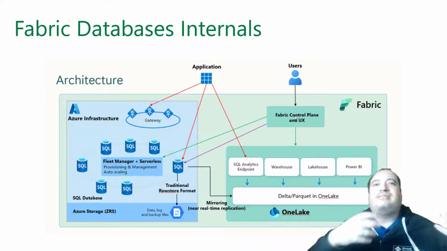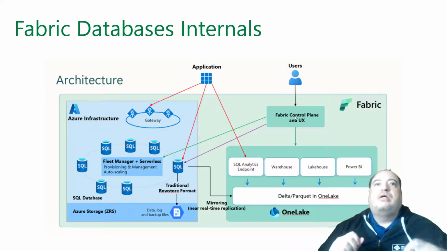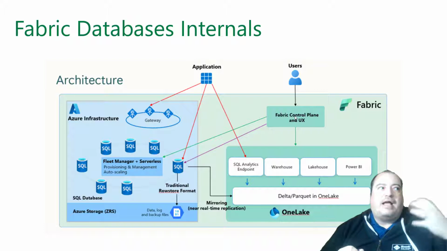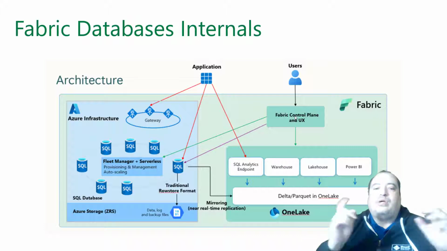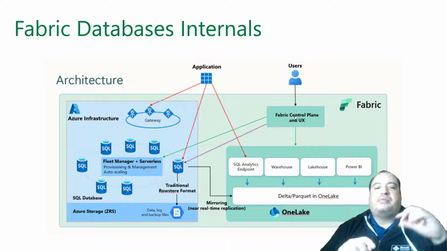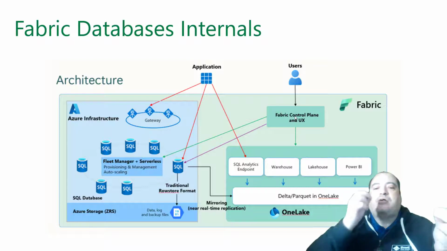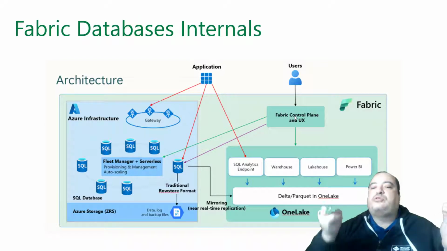But is the database in Azure or in Fabric? The database is in Azure. Fabric uses OneLake for storage, which stores Delta and Parquet files. What happens is that the database makes a close to real-time mirroring to the Delta and Parquet files in OneLake.